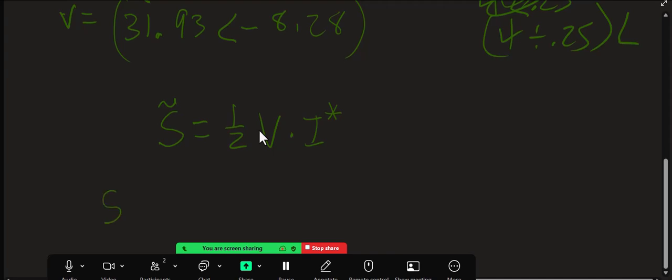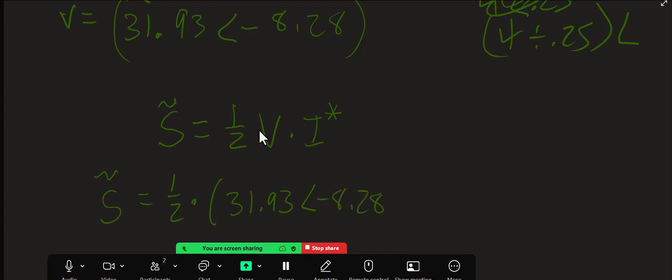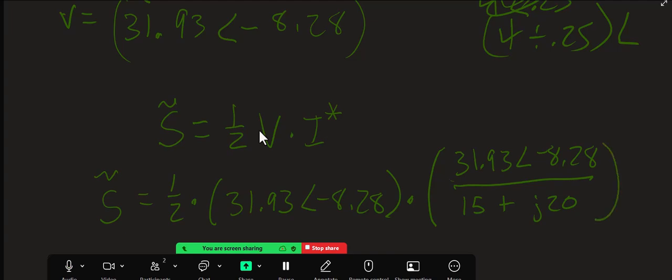So my complex power will be 1/2 times 31.93 angle negative 8.28, times the conjugate of 31.93 angle negative 8.28 over that impedance, which was a 5 ohm resistor and a 10 ohm resistor, so 15 plus J20. And then the conjugate of that.